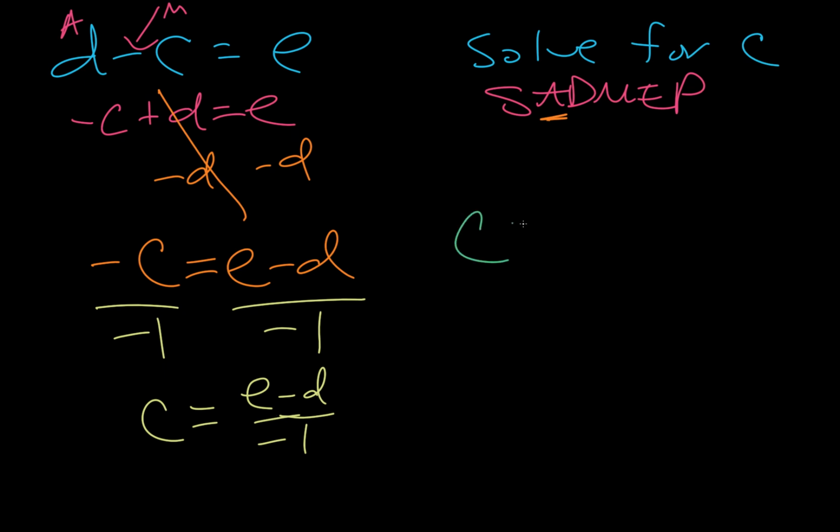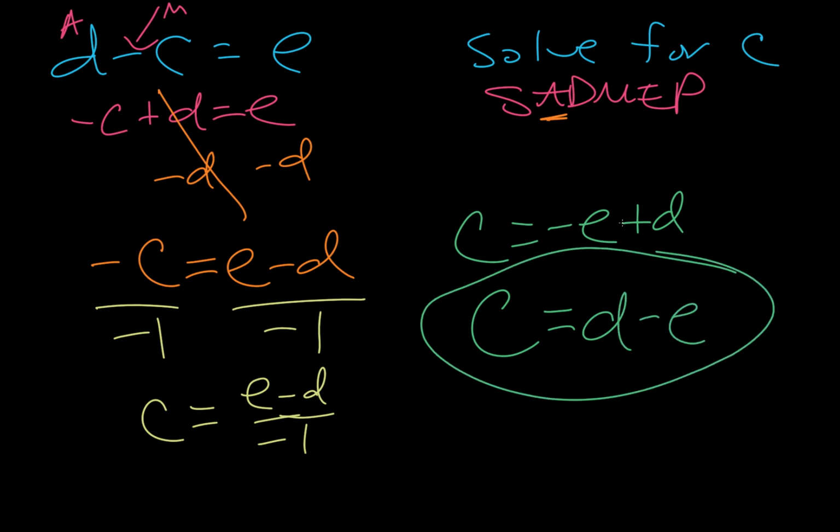So we would end up with C equals -E plus D, because E divided by -1 would be -E, -D divided by -1 would be positive. And then just to make it look a little bit nicer, I'm going to say D minus E.